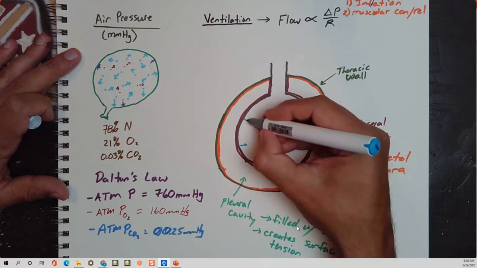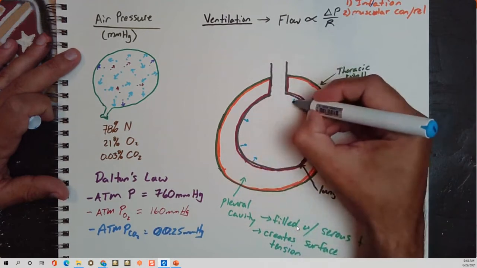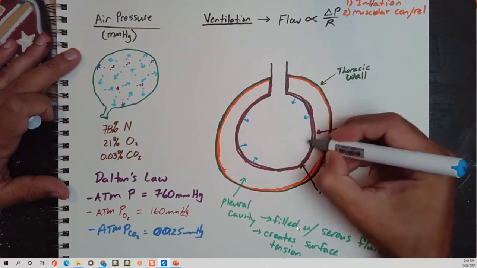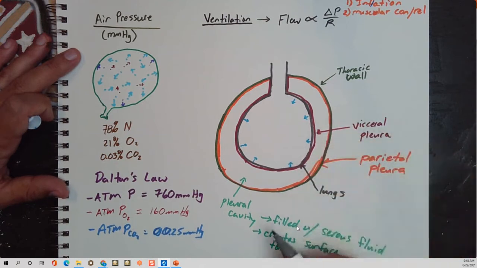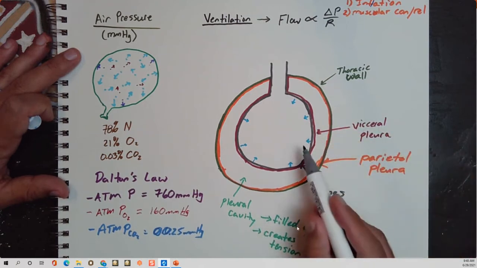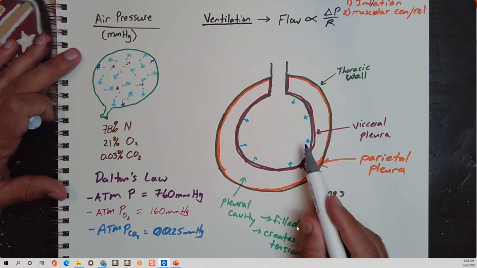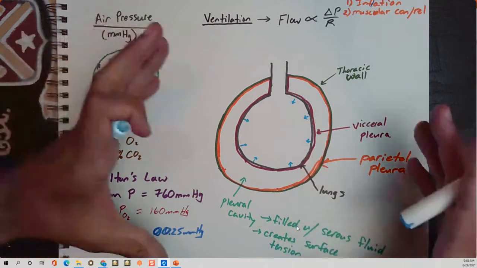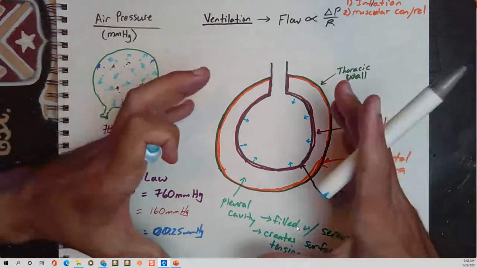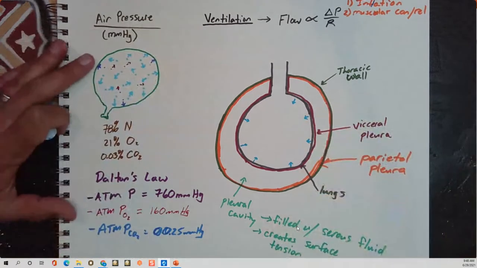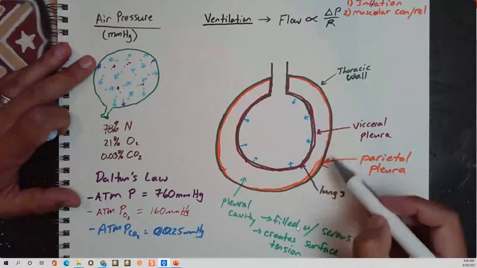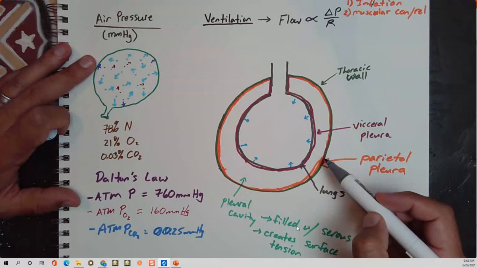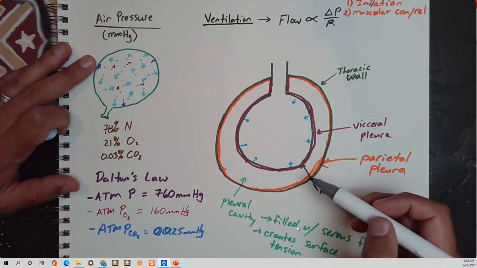These lungs are always trying to collapse. Always. Pretty crazy. They're trying to move this way. And they have a lot of elastic fibers wrapped around them to help with that function. A little bit of surface tension alone is not enough to keep your lungs attached to that thoracic wall. We need more pressure.